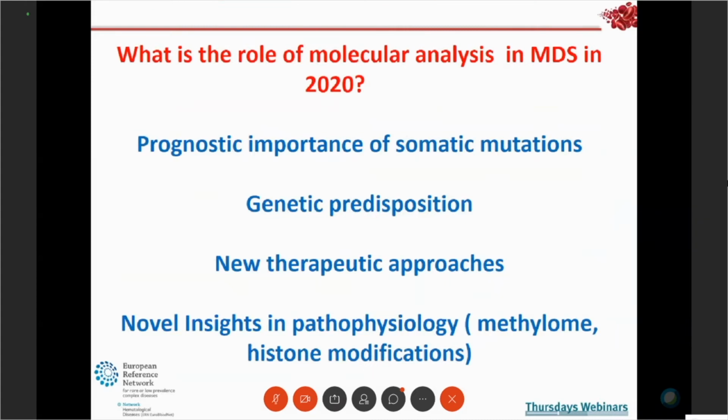But what is the role of molecular analysis in MDS in 2020? First of all, the prognostic importance of somatic mutations is now well established. We also have to evaluate genetic predisposition, and the approach to new therapeutic agents is probably based also on the knowledge and the analysis of molecular alterations in MDS.